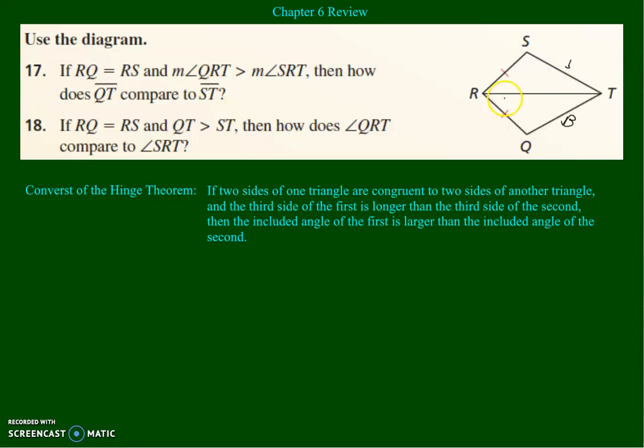This angle must be bigger, and this is smaller, which means that the measure of angle QRT is greater than the measure of angle SRT. And that wraps up Chapter 6 review, and I will see you in the next session.